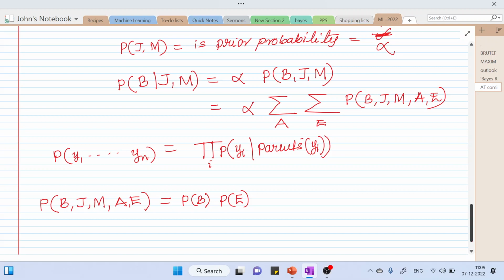All products into the next, the probability of alarm given both the parents, then the probability of J calls, when he calls the alarm goes off, then the probability of Mary calls when the alarm goes off.